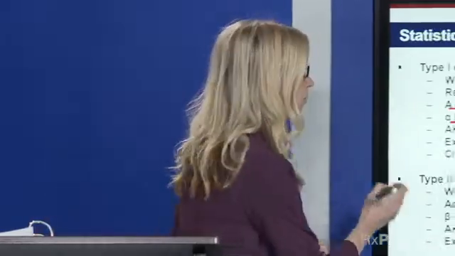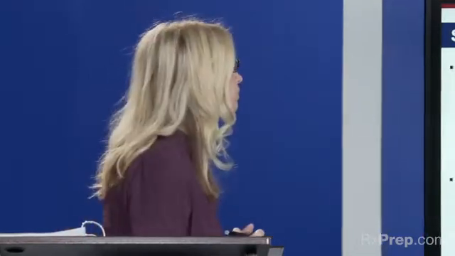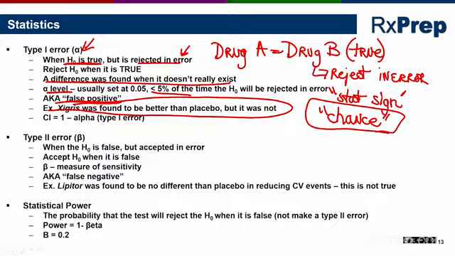So therefore, after this and a few other things that have gone on at the FDA, usually to get your drug approved nowadays, you need 2 clinical trials because the FDA wants to make sure that the results are seen in both trials. So one of the trials had a type 1 error. Confidence interval is equal to 1 minus alpha.